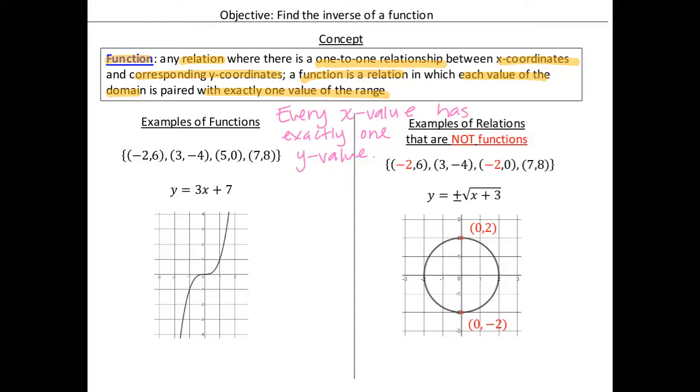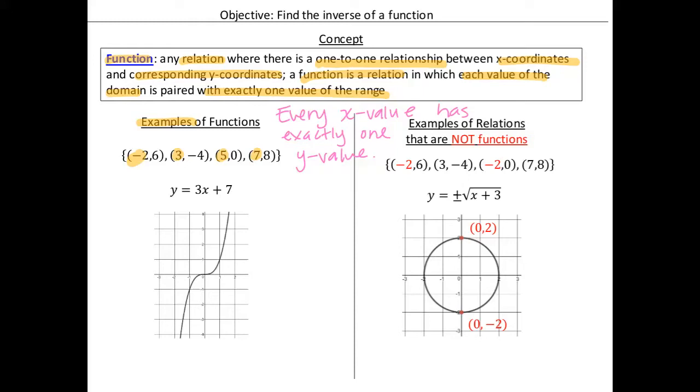It's 1 to 1. So if I look at my examples, in my coordinate pairs, I have -2 for my x, is paired with a 6. 3 is paired with -4. 5 is paired with 0. 7 is paired with 8. So I can see all of my x's are different, which means every x has exactly one y.